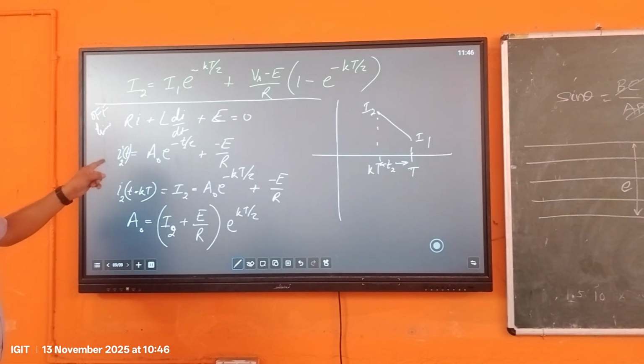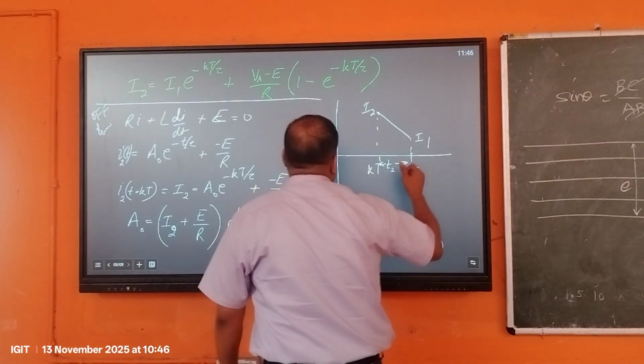After we substitute this value in this I2 equation, what will we get?